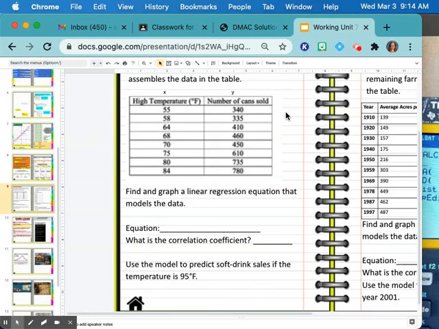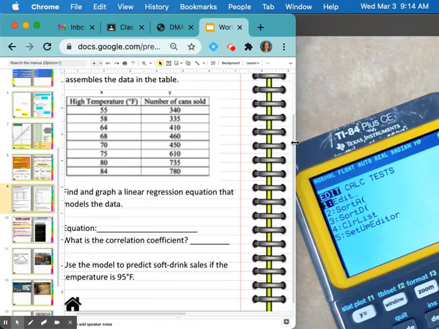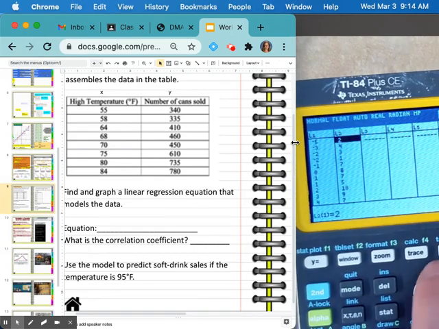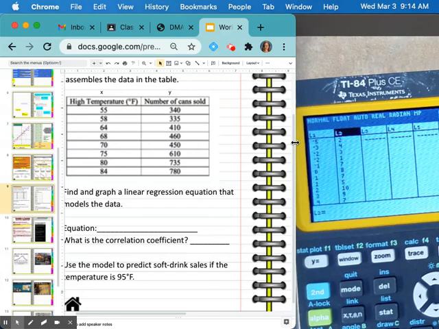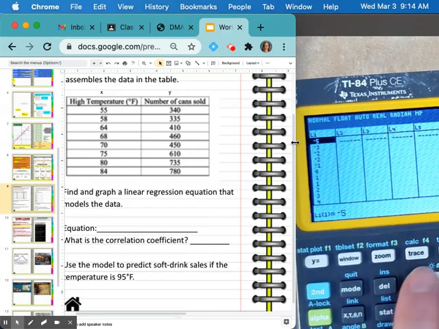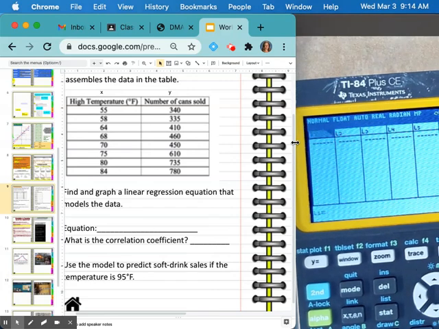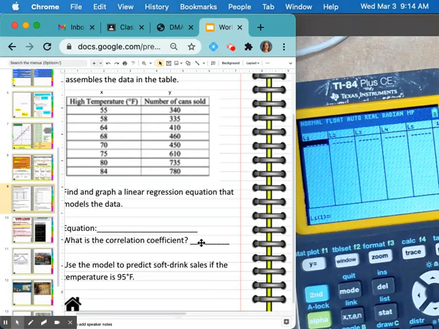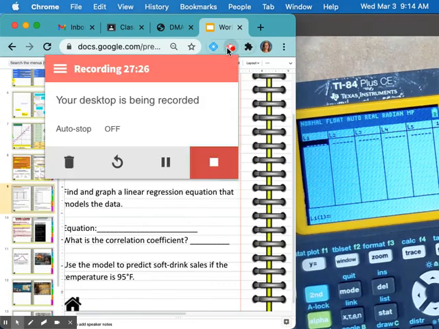Or if you just want to clear L1, L2, you can do that too. Go to Edit, go up to L2, push Clear, Enter. Over to L1, push Clear, Enter. Go ahead and put these in, find your equation and find your correlation coefficient, which is R, and then answer the question. You're doing both of these problems, but do the first one. I'm going to come around and check it, and then you can work on the second one. So I'm going to hit pause.